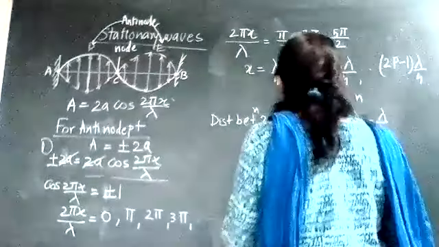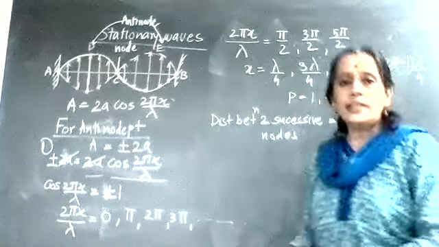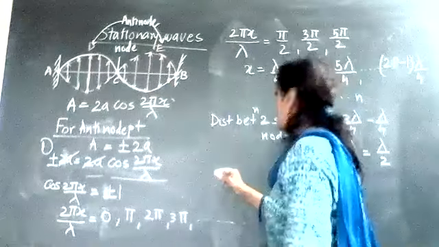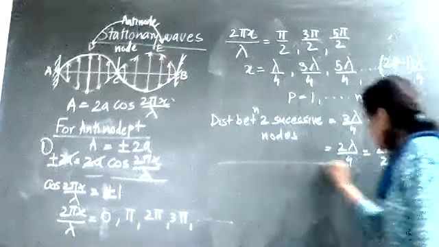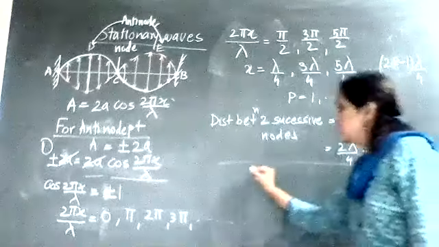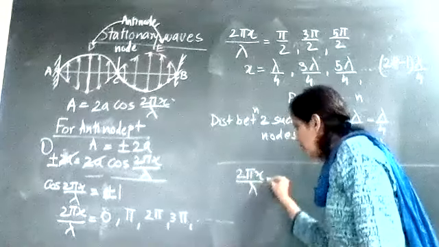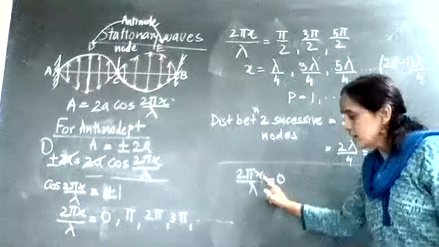And now I can find out the locations where I will get the antinode points. For the location of the antinode point, suppose 2 pi x upon lambda is equal to 0, the first one. So what is the x value?